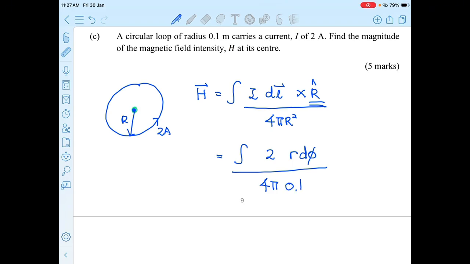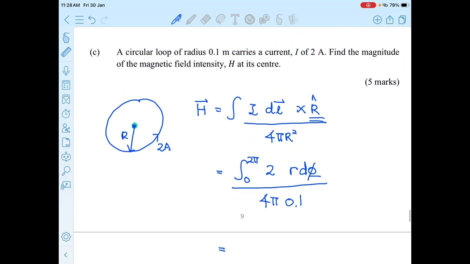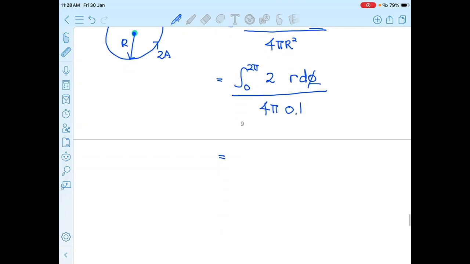So the interval for phi will be 0 to 2 pi, which is 360 degrees. Replacing the value of the radius, which is 0.1, you can replace it: 0.2 dφ, 0.2 pi, and then we have 0.4 pi.